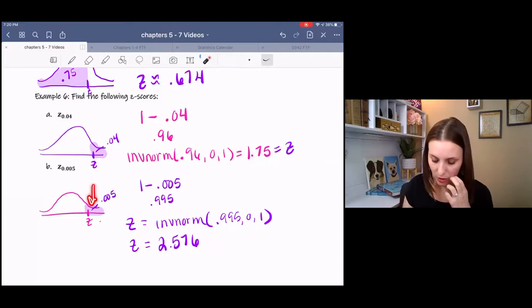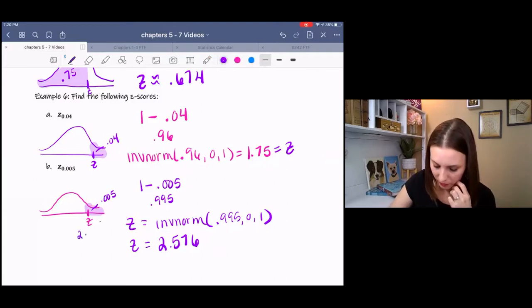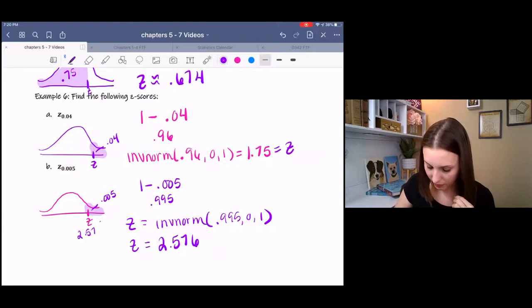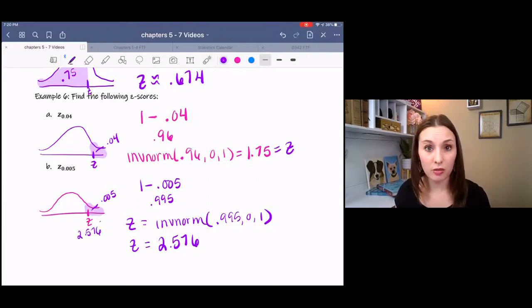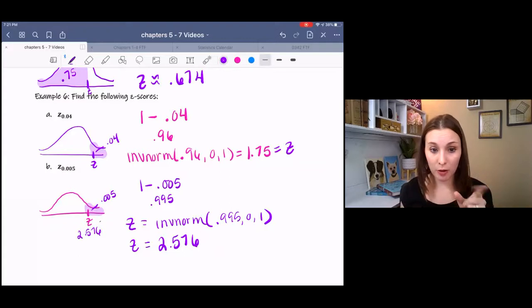So that's over here. And that's kind of a lot. Not unusual, because remember, if it's above 3 standard deviations, then it's unusual. So it's not unusual, but it is above 99.5% of the observations.